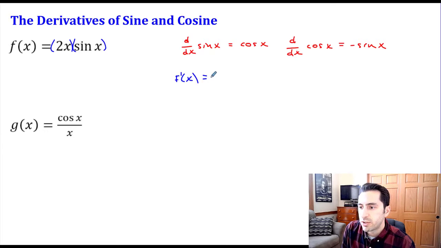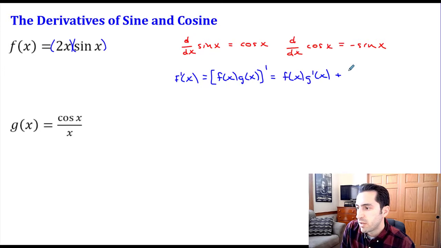So if I have a function that can be written as the product of two other functions, then the derivative of this is equal to the first piece times the derivative of the second plus the derivative of the first piece times the second piece.